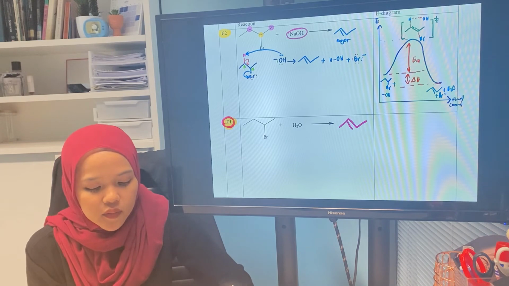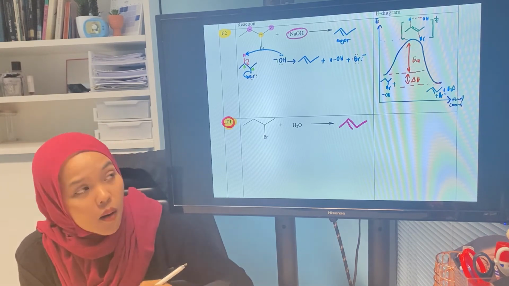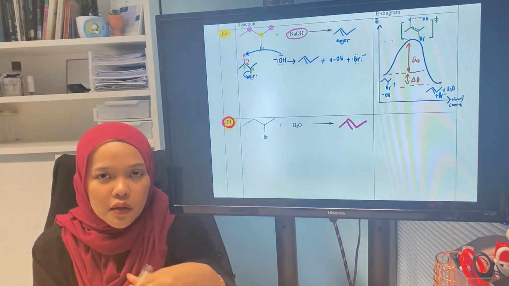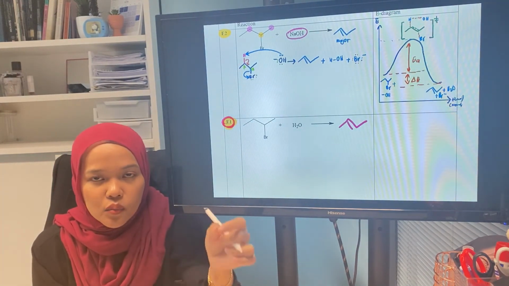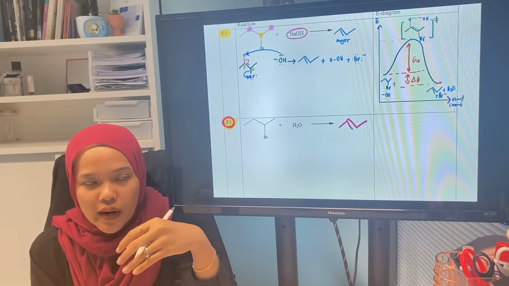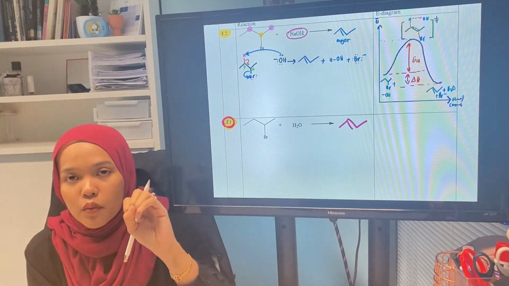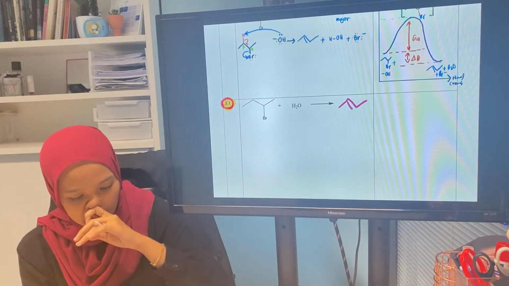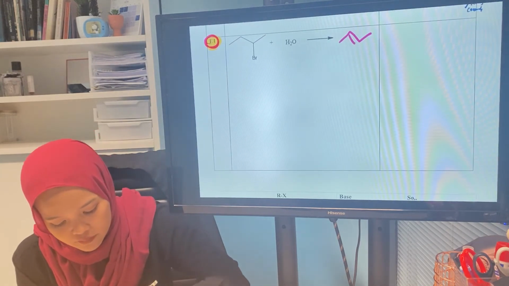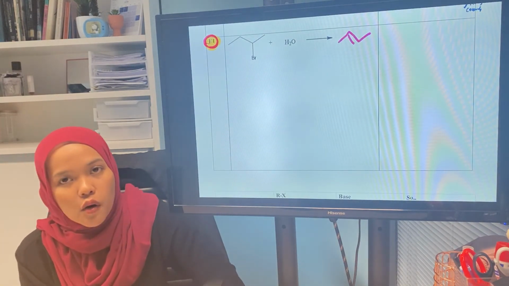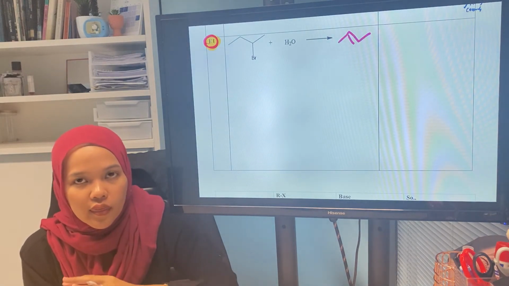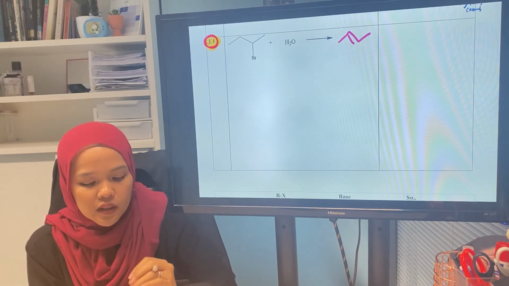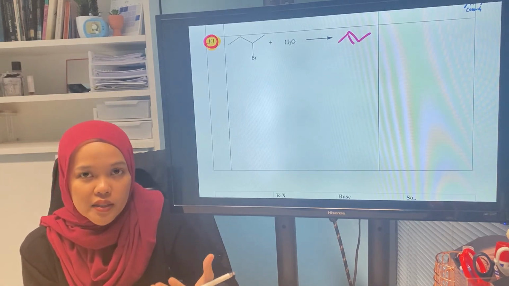For E2 and E1, the overall reaction here is similar, but the mechanism is different in which bond is broken first, which type of bond is formed first, and so on. We are going to draw the major product only. It's not that the minor product is not produced, it's just that I am not showing it, because usually we ask about the major product alone.